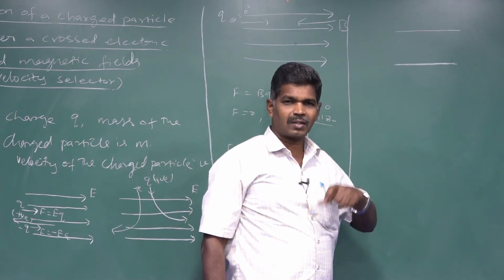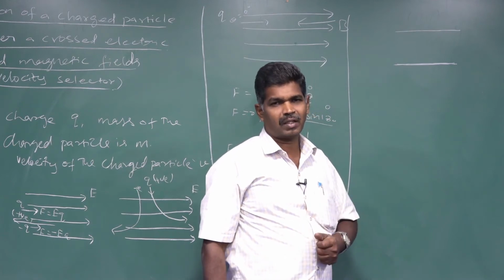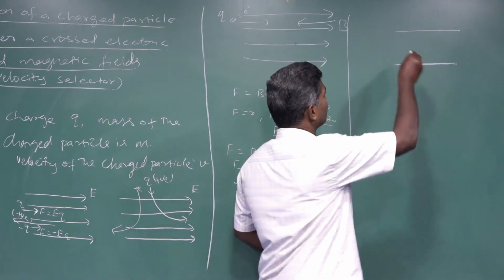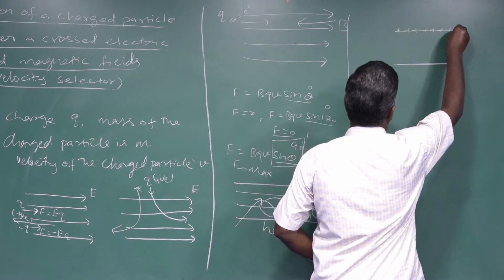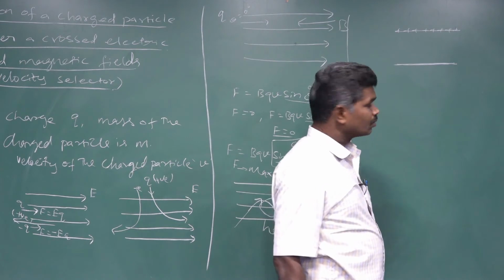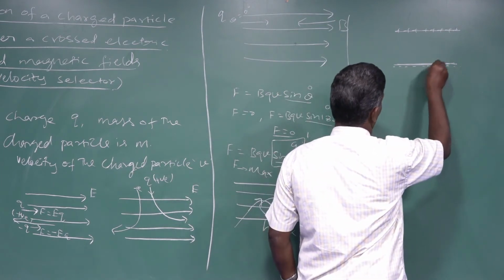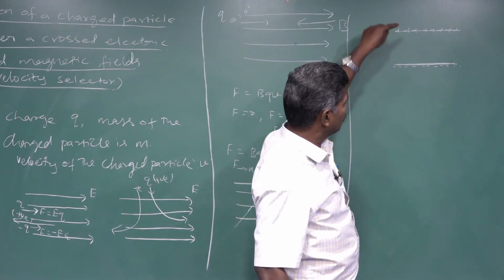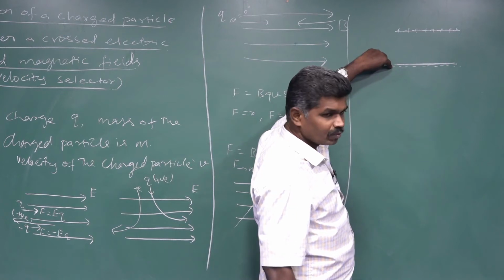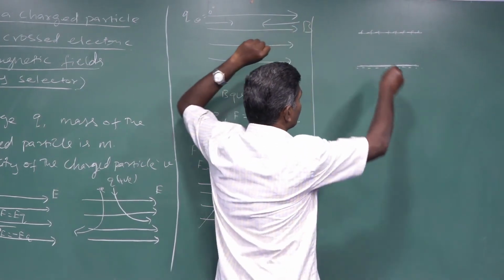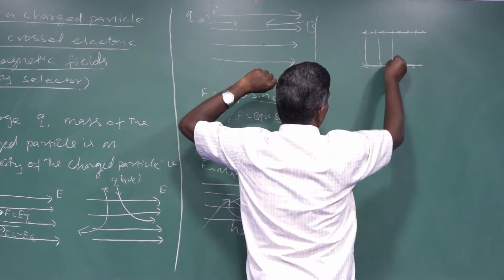If you connect the battery to the parallel plates and switch it on, one plate acquires a positive charge and the other plate acquires a negative charge. Due to that, with the upper plate positive and the lower plate negative, an electric field is produced in the downward direction.